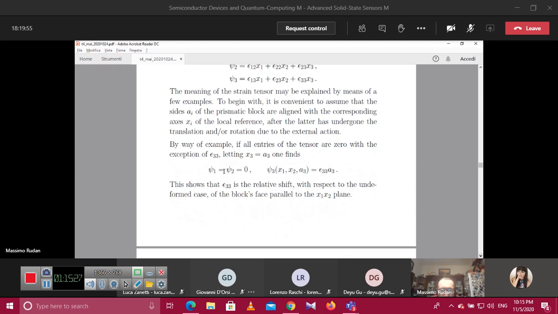Then consider that all the rest of this is 0. You find that psi1 and psi2 are 0 as we anticipated because there are no deformation along the first and second axis, and that at each position of the upper face, so for any x1, x2 of the upper plane, the deformation of this upper plane is given by epsilon 33 A3. Okay, so we have only the deformation along this direction, number 3.